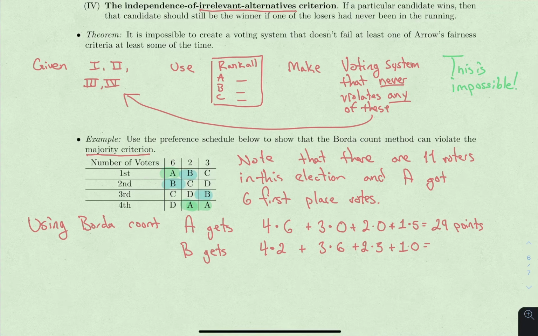So we have 8 plus 18 plus 6, which equals 24 plus 6 is 30 points.